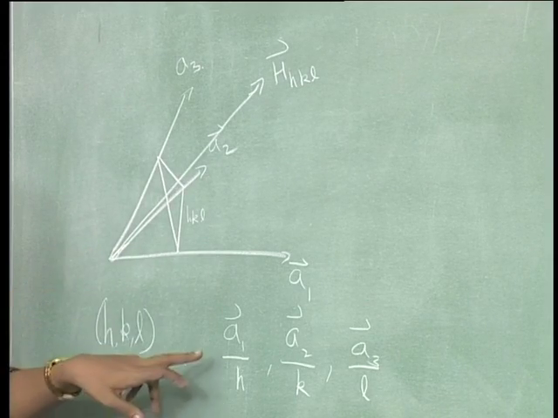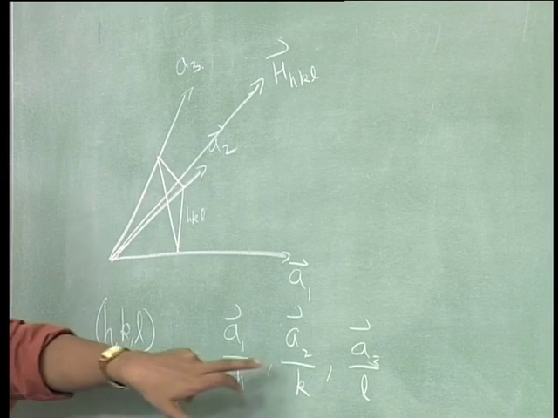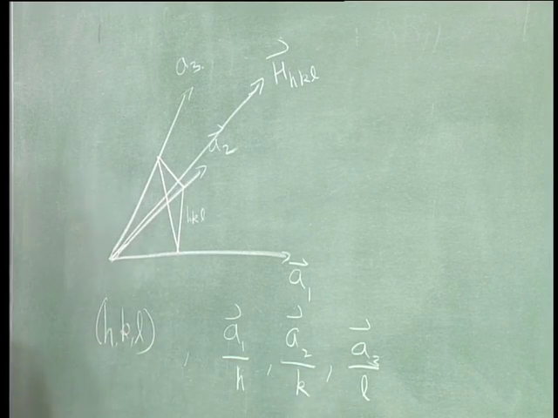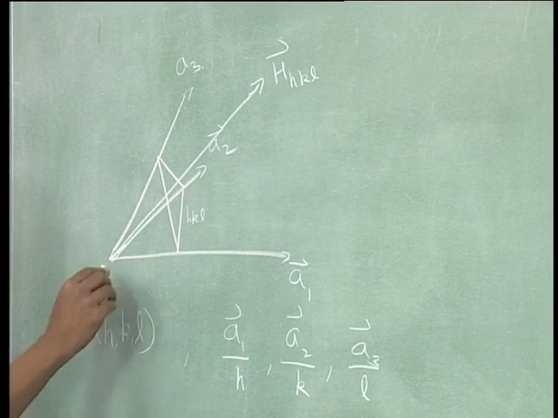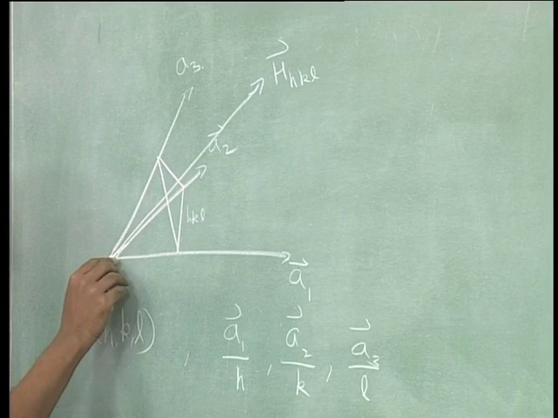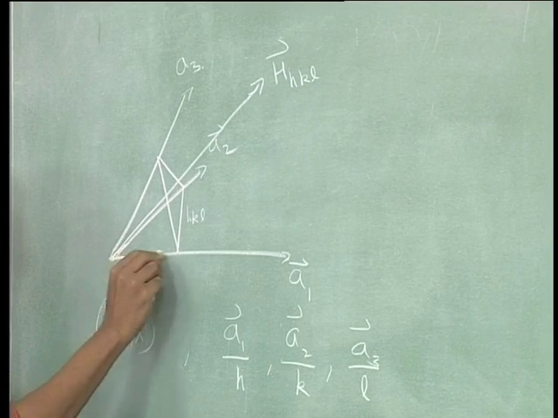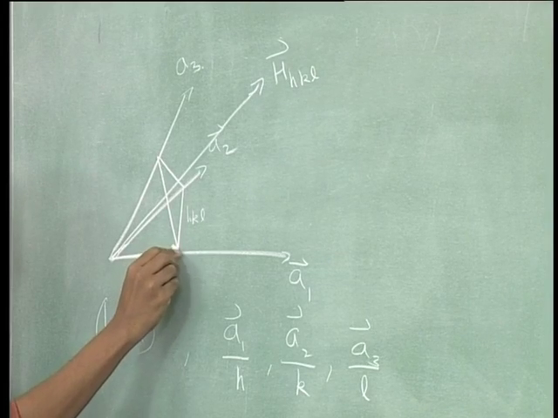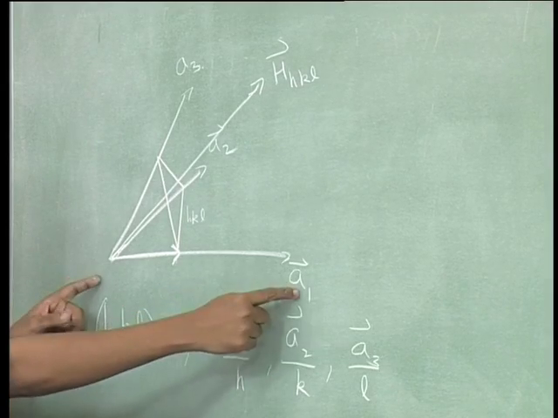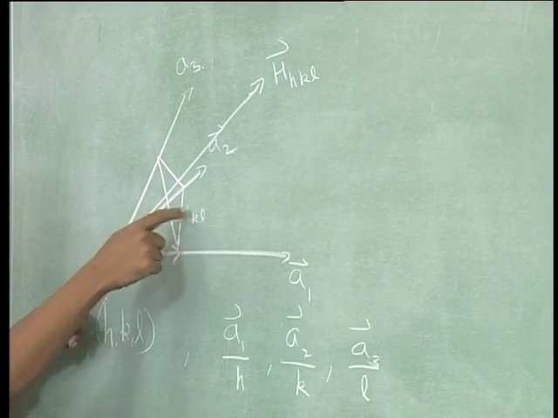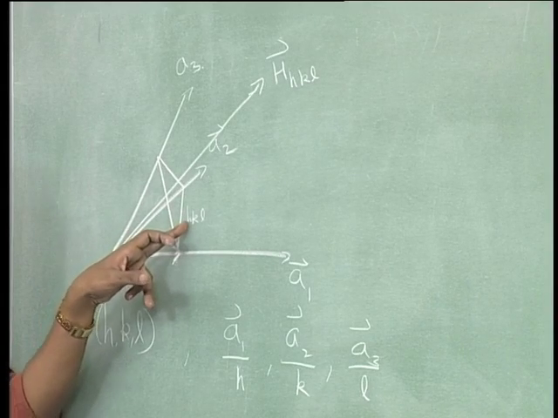That is the reason why we even call it the hkl plane. So therefore if you take this vector here, this vector here is a1 by h, and that is why you get this h notation in the hkl plane.